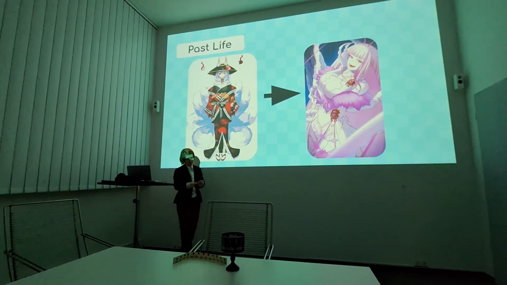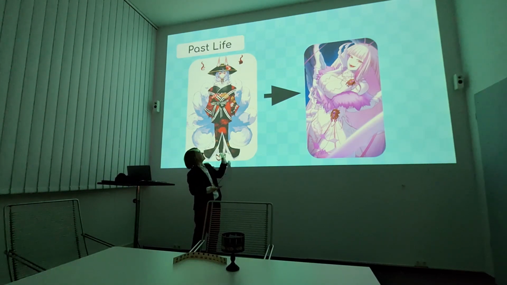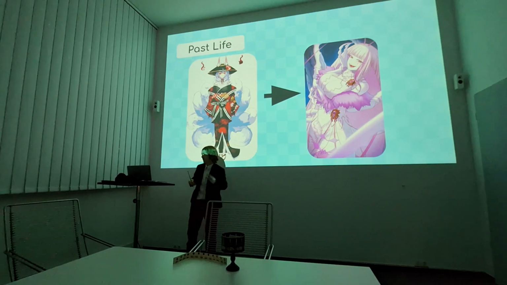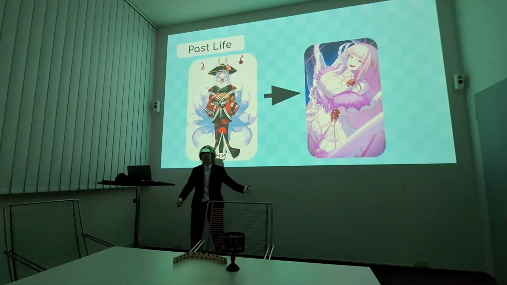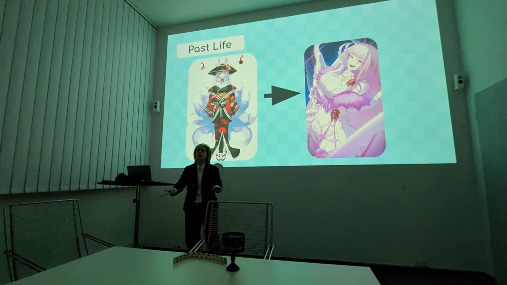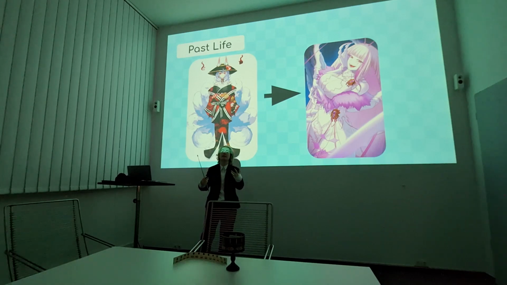Then past life. Past life is something very specific, where you basically start being a VTuber with a new account, so people don't know who you are. The main part of VTubing is that people don't know what you look like.